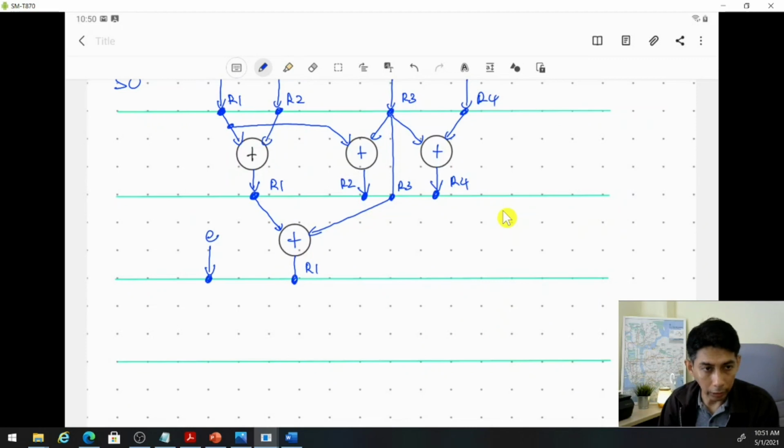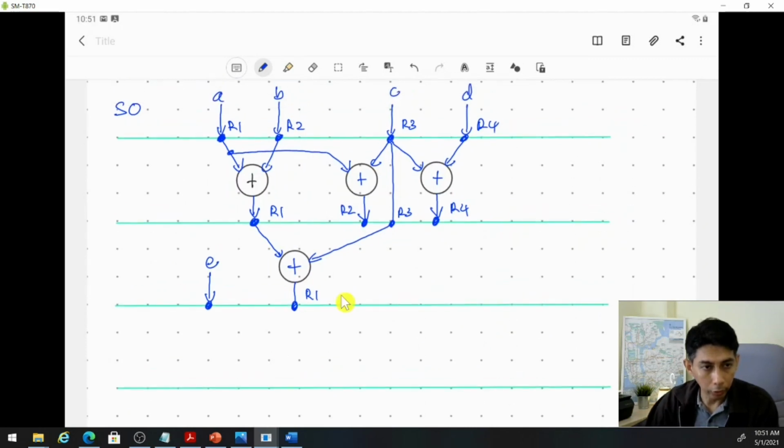So where to put E? We need to look at which one is available. R2 is not available yet, because we want to use this one to multiply with this one here, which means that R3 is available. So we can use R3 here for E.